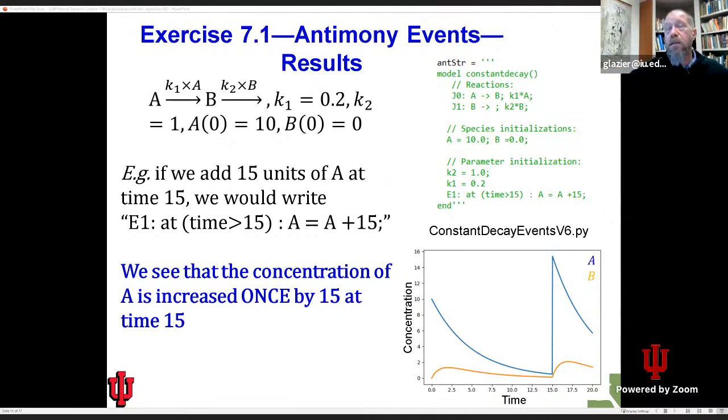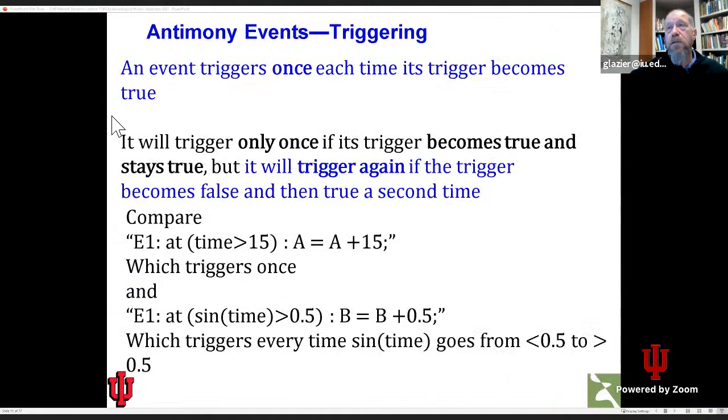But in fact, the way an event works is that it's a trigger, and the event triggers each time the trigger goes from false to true. So time getting to be bigger than 15 happens once. For time 0 through 15, it's false. For time 15 and greater, it's true. So the trigger goes from false to true precisely once.